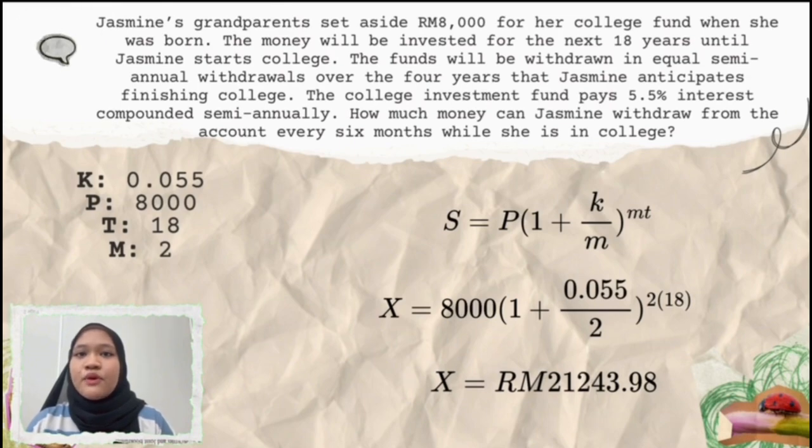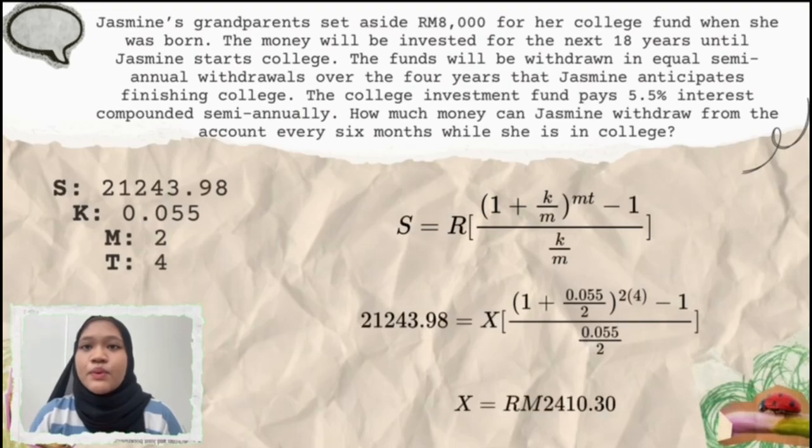S equal to P open bracket 1 plus K over M close bracket power MT. So S equal to 8,000 open bracket 1 plus 0.055 over 2 close bracket power 2 open bracket 18 close bracket. So we will get S equal to 21243.98.